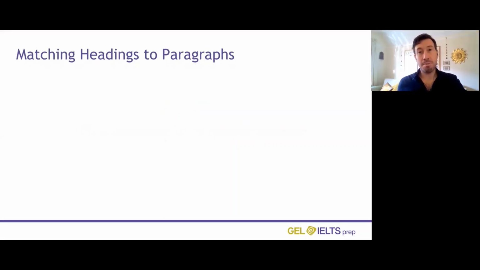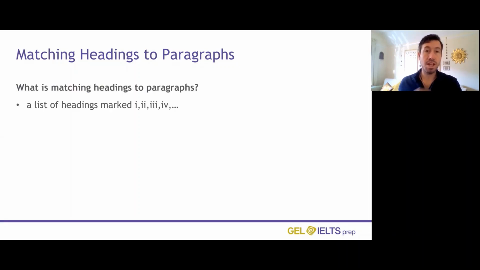So let's start by looking at what matching headings to paragraph questions involve. So you start with a list of headings marked with Roman numerals like these, I, and IV, etc. And you have to match these to a paragraph.